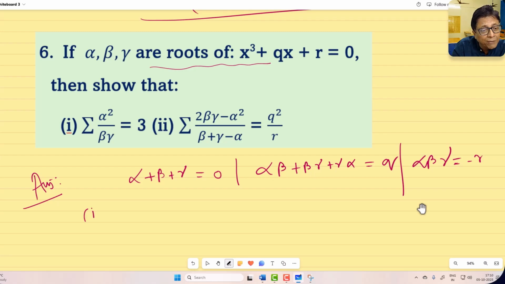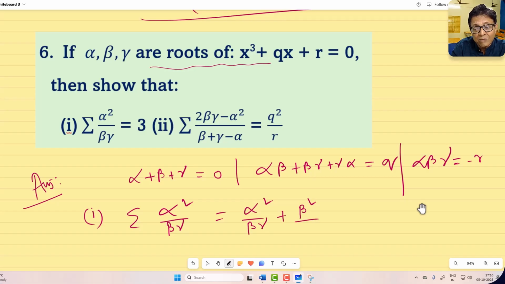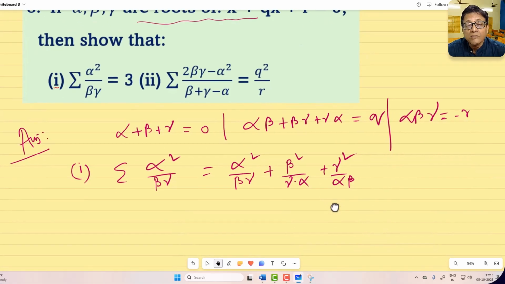So to get the first one, symmetric function of roots, you write this as alpha square by beta gamma. If you take beta square here, it will be gamma alpha. Gamma square here, it will be alpha beta. Okay?